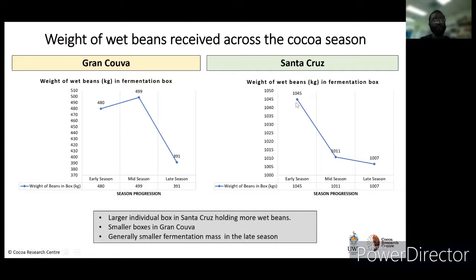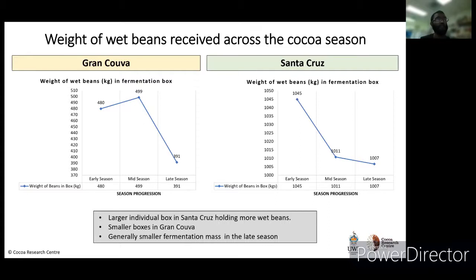Across all 3 seasons in the Santa Cruz area, we saw an average of 1,021 kgs of beans received across the season, versus the Grand Couva area, where we saw an average of 456 kilograms of beans received.